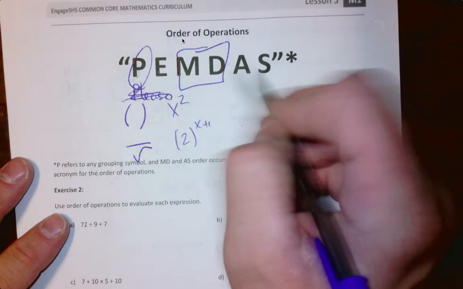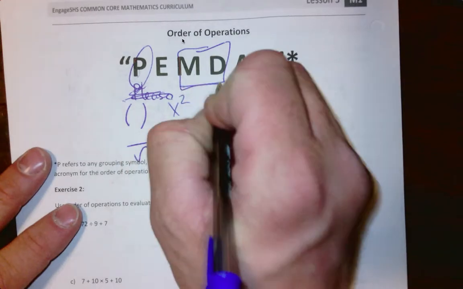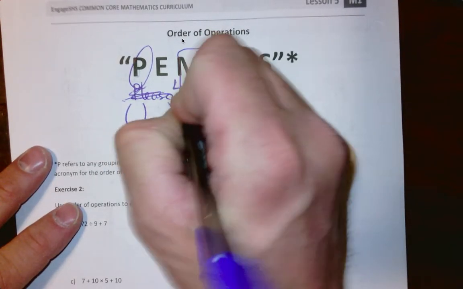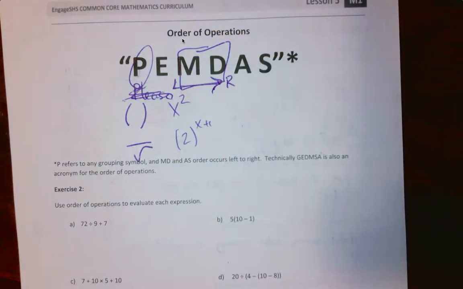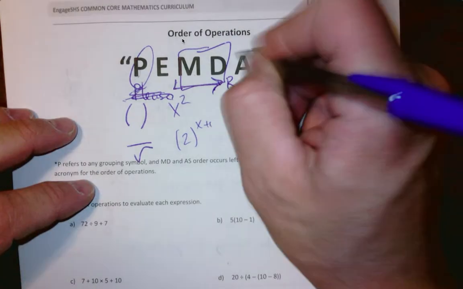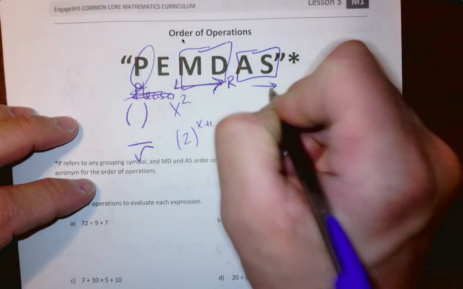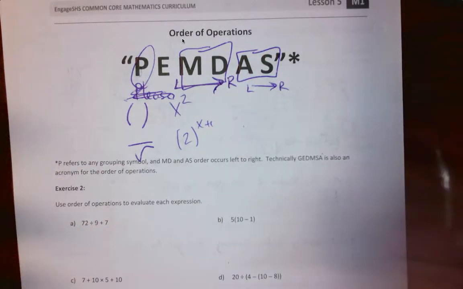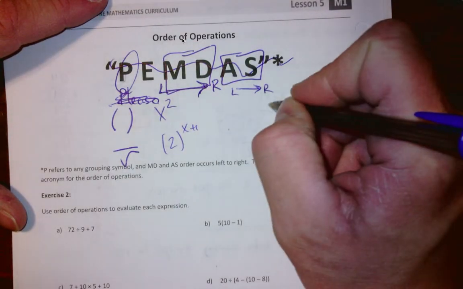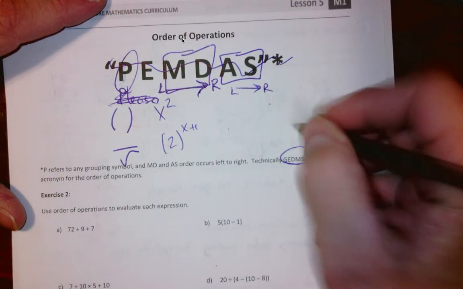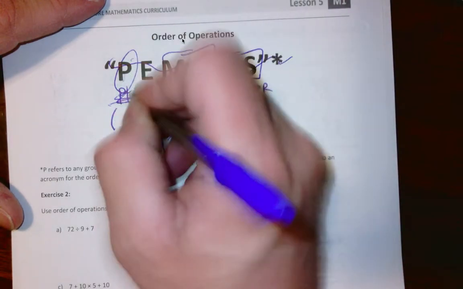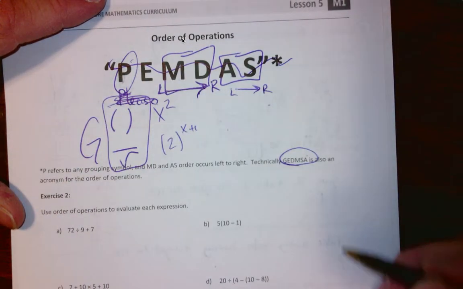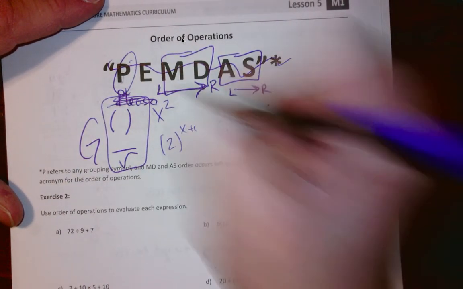Whatever is up there in the exponent has to work. Multiply and divide. Technically, we remember PEMDAS because it sounds good, but these work together, and whichever one comes on the left side goes before the numbers on the right side. And the same is true of addition and subtraction from left to right. We could write this as GEMDAS, because instead of a P, we have these grouping symbols, and we still have the exponents that have to go next.